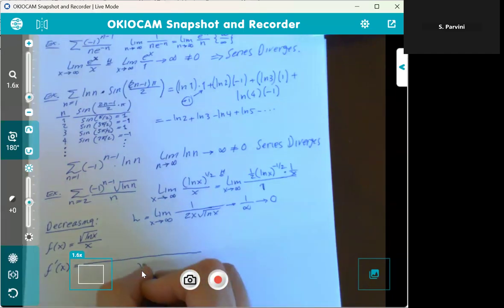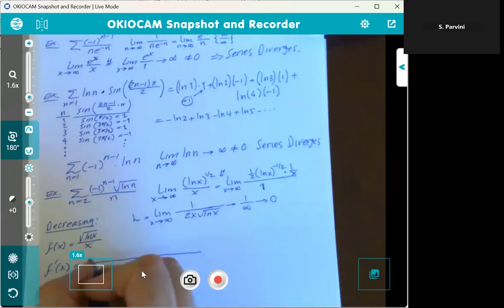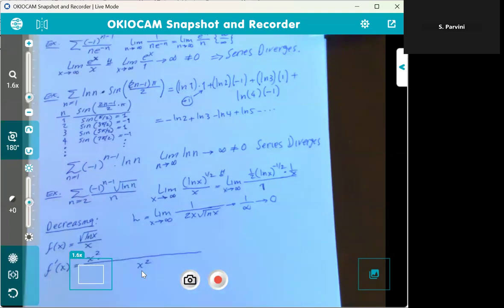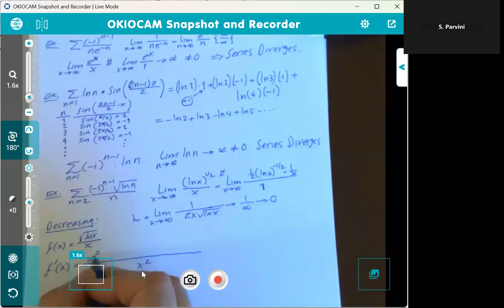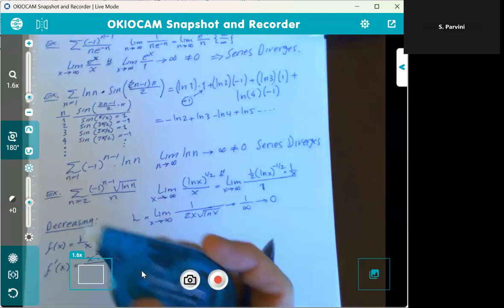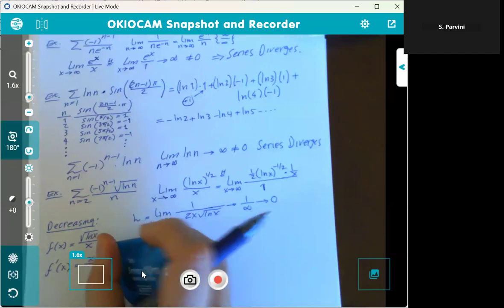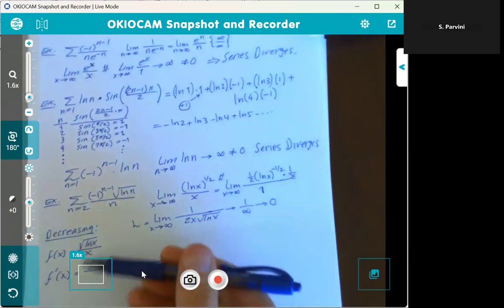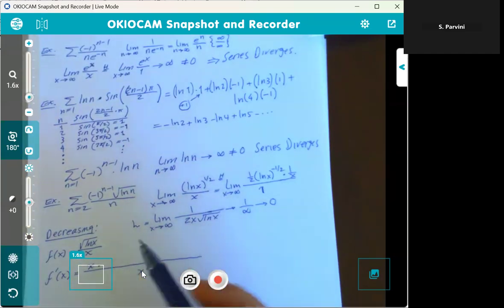So square the denominator, repeat the denominator, times the derivative of the square root of ln of x is going to be, or actually, sorry, this is going to be just x, not x squared, right? We're taking the derivative of this function, not that one.